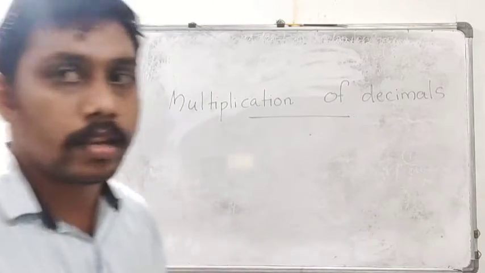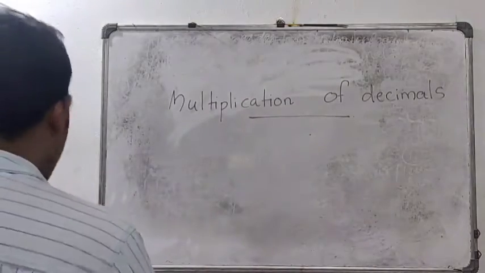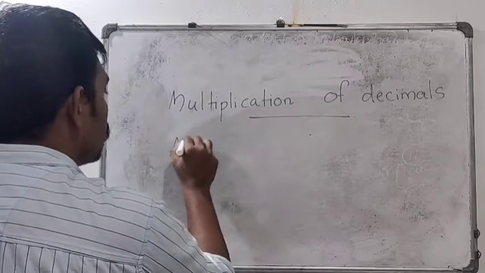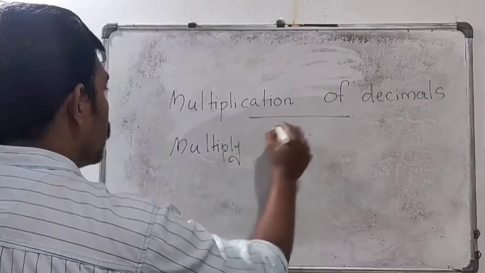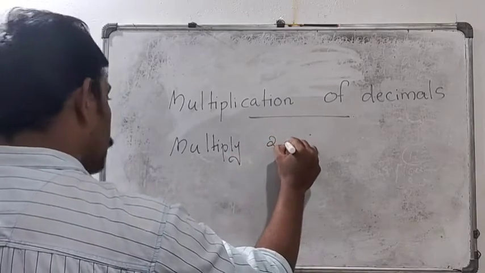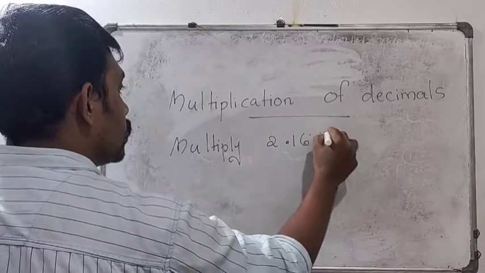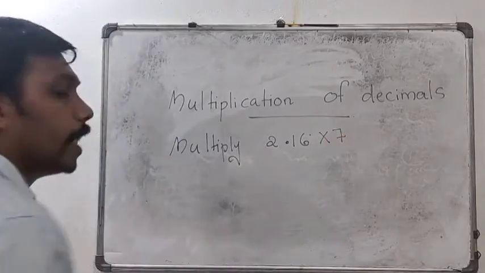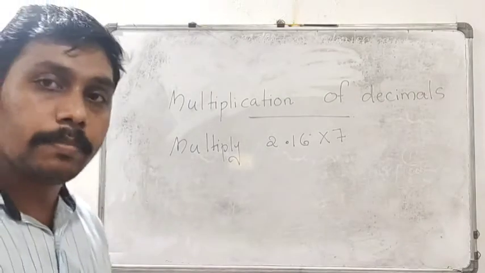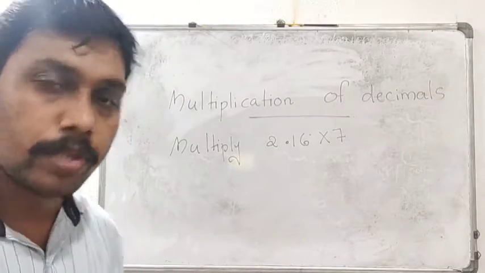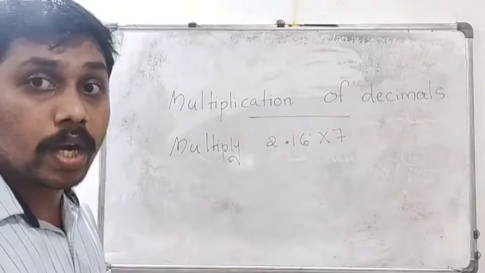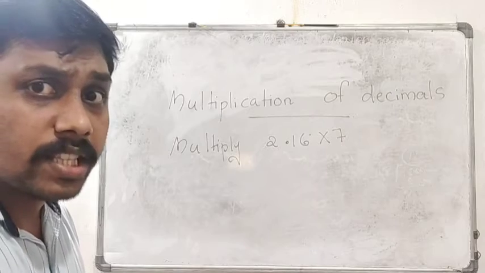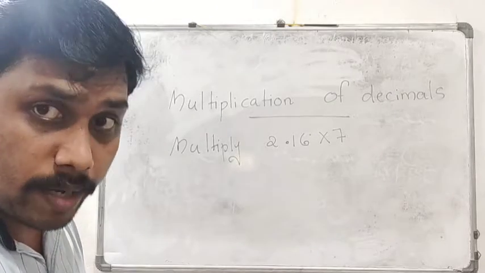Okay, let's do another example. Multiply 2.16 into 7. Just multiply the given numbers without the decimal. That means 216 with 7. There is no need to put the decimal point now.